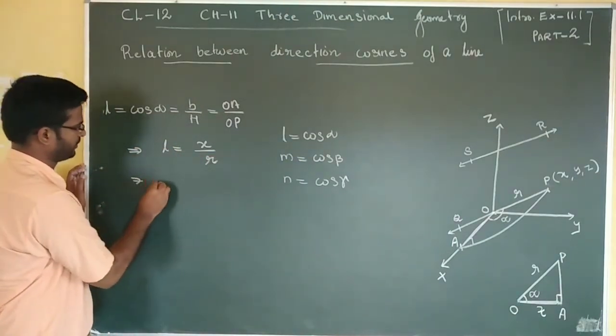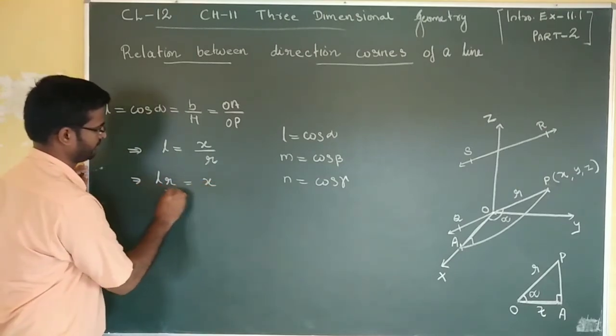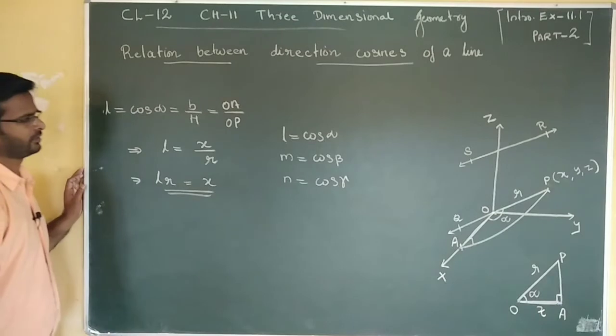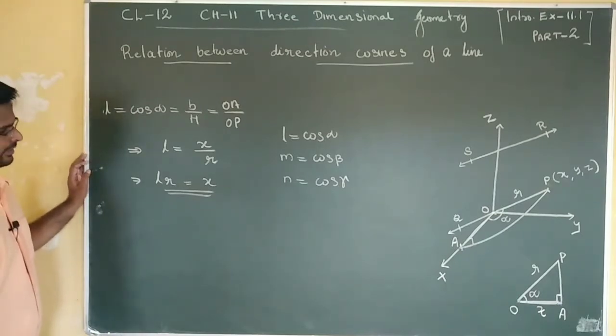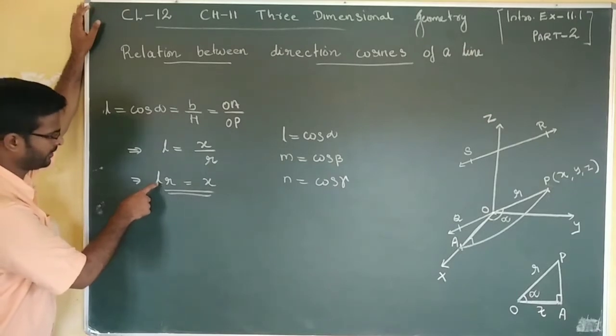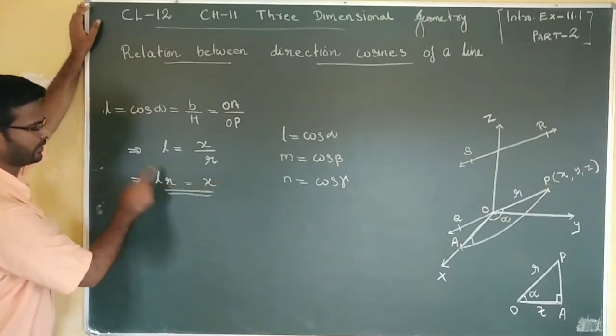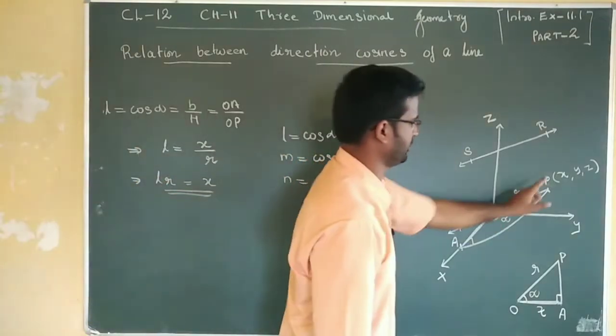Bringing r to the left side, we can write lr equals x. This is the relation between our direction cosine, the point's coordinate x, and the distance between the origin and the point.